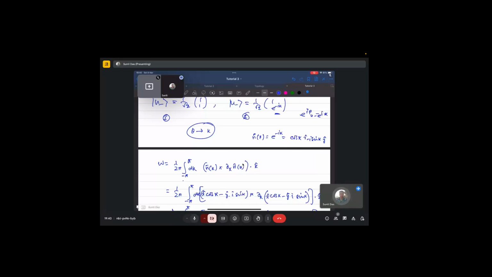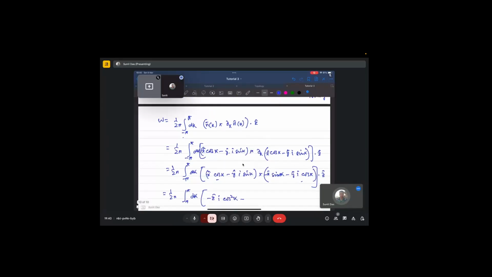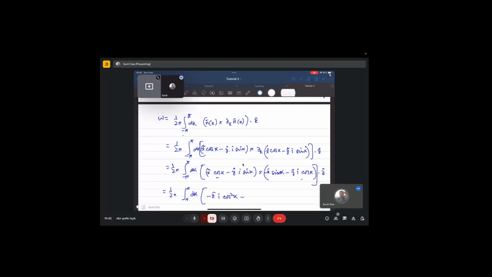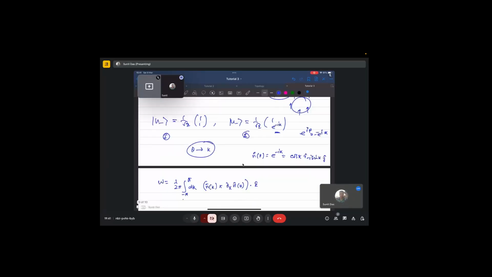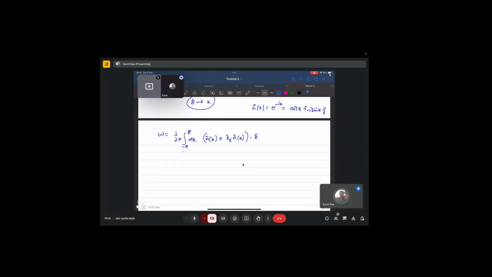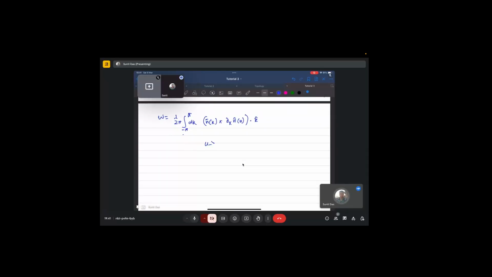So actually what I should do is, let me remove this. What I should do is simply take this u of minus k, u of minus k.